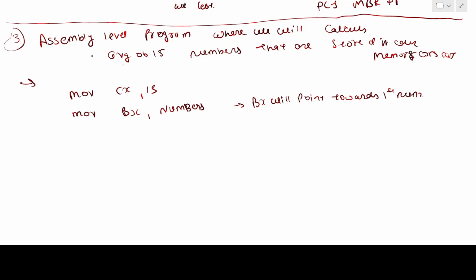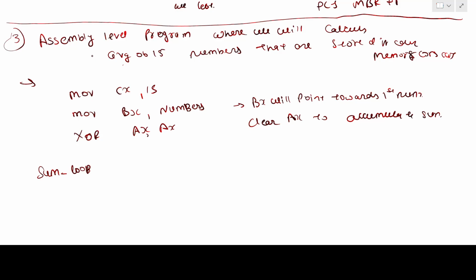Now we will perform the xor operation, xor ax, ax: clear ax to use it as an accumulator to accumulate the sum. Now we will be performing the sum loop, the sum_loop function.